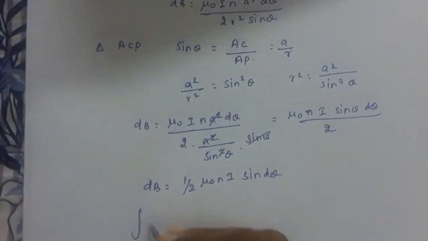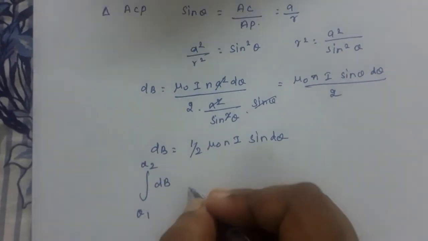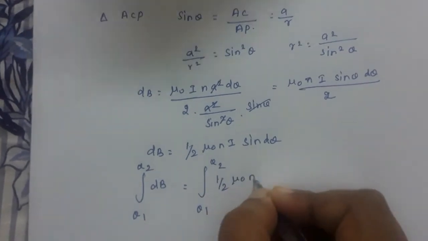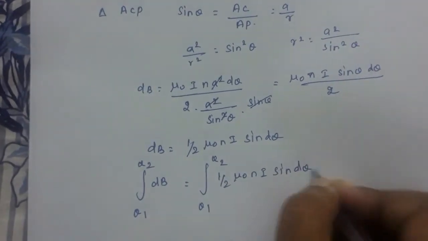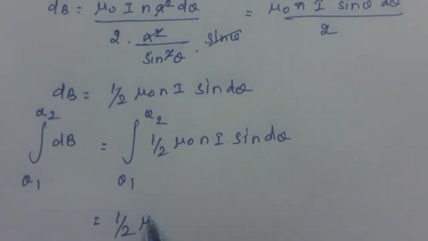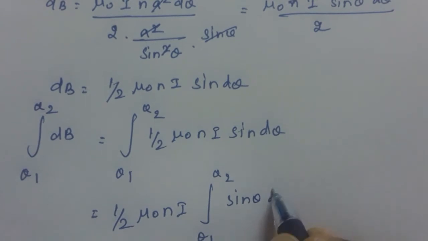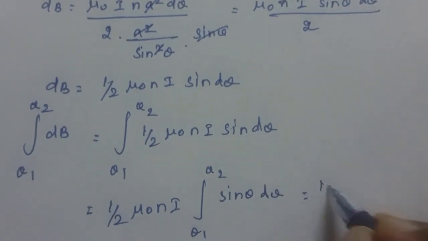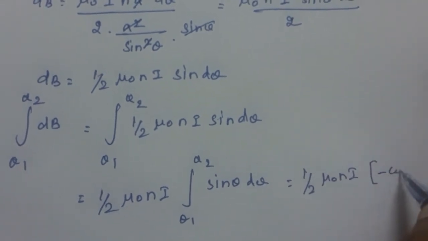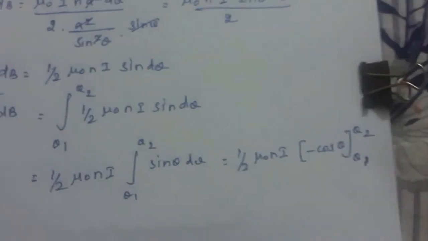Now we can go for integration. The integration of dB is from theta 1 to theta 2. So the integral from theta 1 to theta 2 of half mu 0 n I sin theta d theta. Taking everything outside, this is half mu 0 n I times the integral of sin theta d theta. The integration of sin theta is minus cos theta, from theta 1 to theta 2.